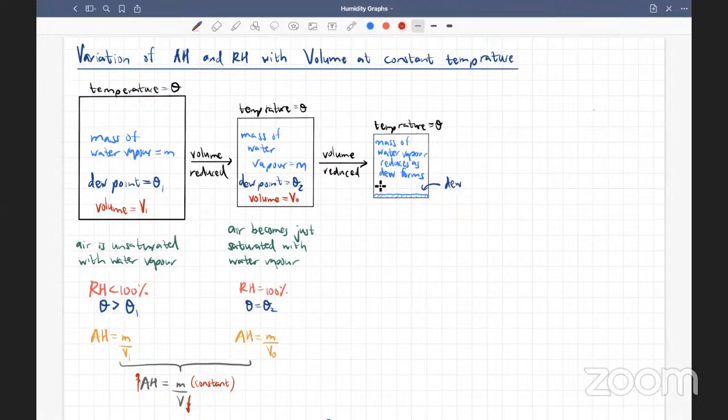And now the volume is, sorry, V2, let's say it's just V2. What about air? Air is saturated. Air is saturated with water vapor.